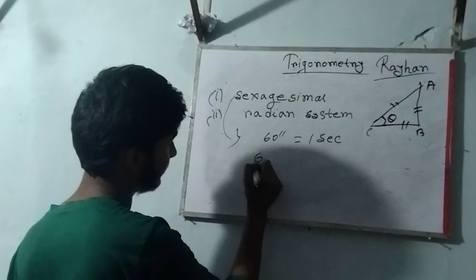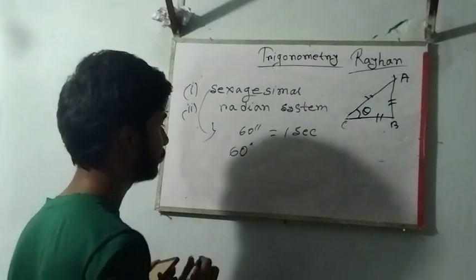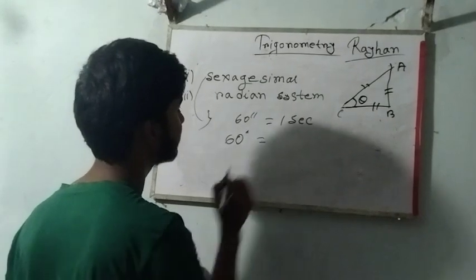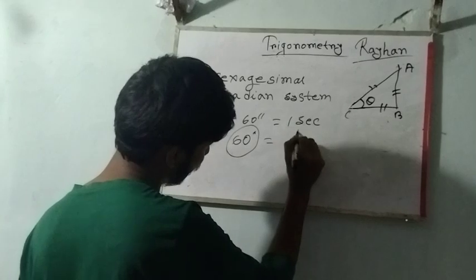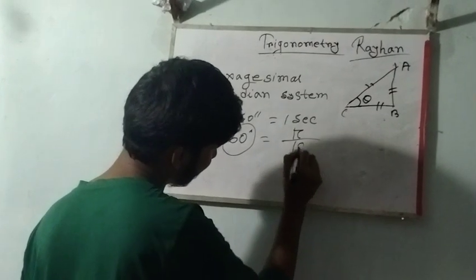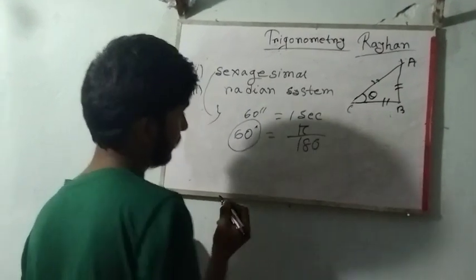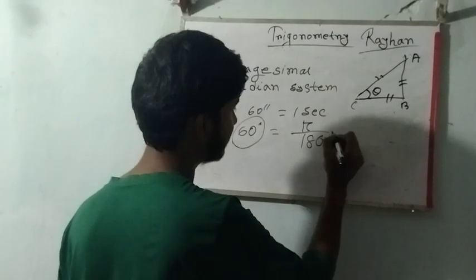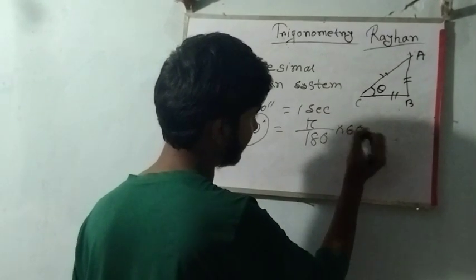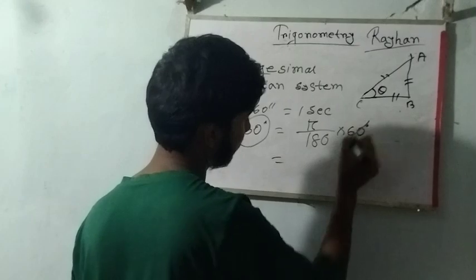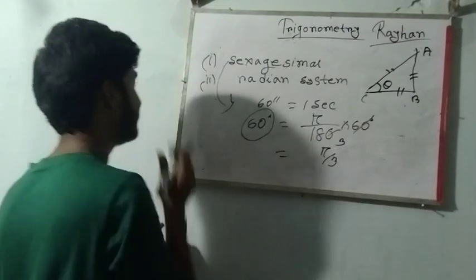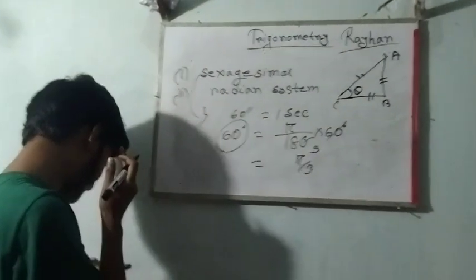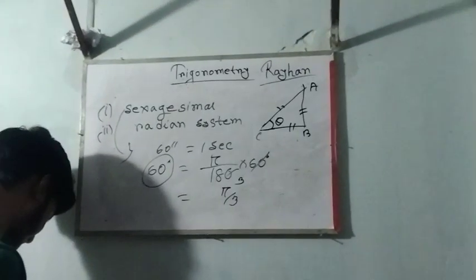If we talk about 60 degree, if we have to convert it into the radian system, then we have to multiply 60 degree with pi by 180. So if we multiply 60 degree with pi by 180 degree, this will be pi by 3. So this is the transformation between the sexagesimal system and the radian system.